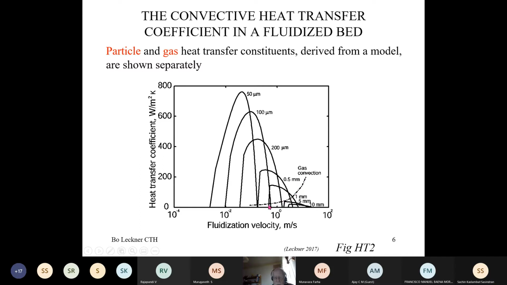The gas convective is because of convection from the fluidization gas, but this fluidization gas is related to the particle size. So for small particles, this gas velocity is very low and its contribution is also small. Whereas for the larger particles, gas convection could become larger than the particle convection.